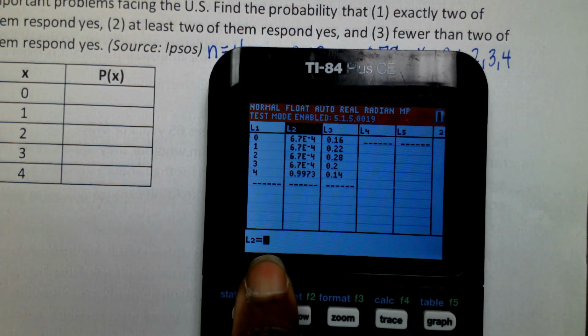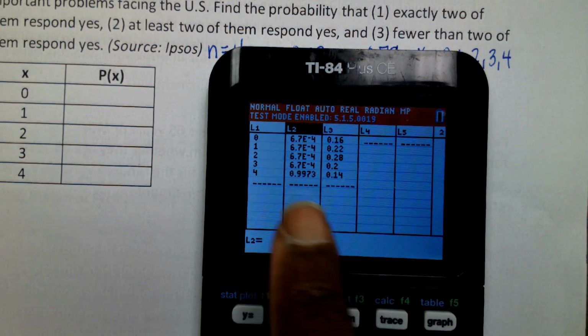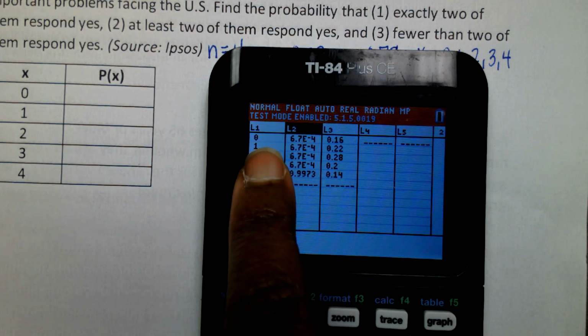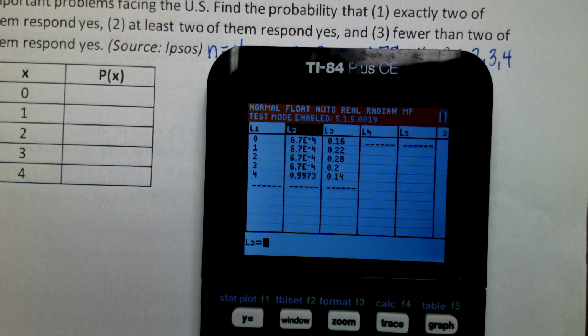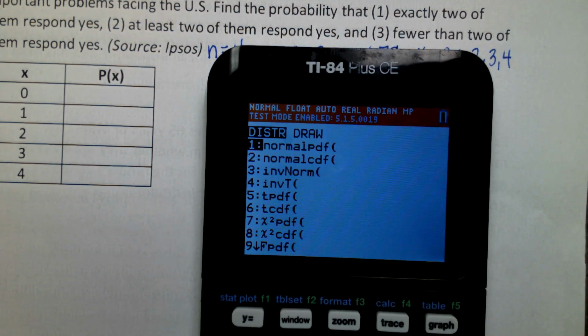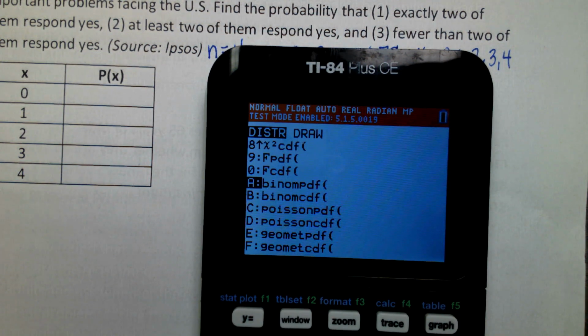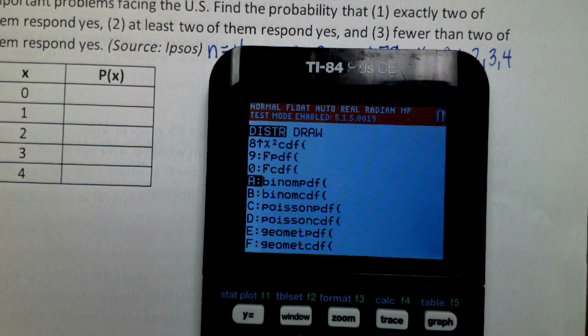So we're going to get Binomial PDF and put it in here and tell the calculator to find each of these individually. So second bars, Binomial PDF.